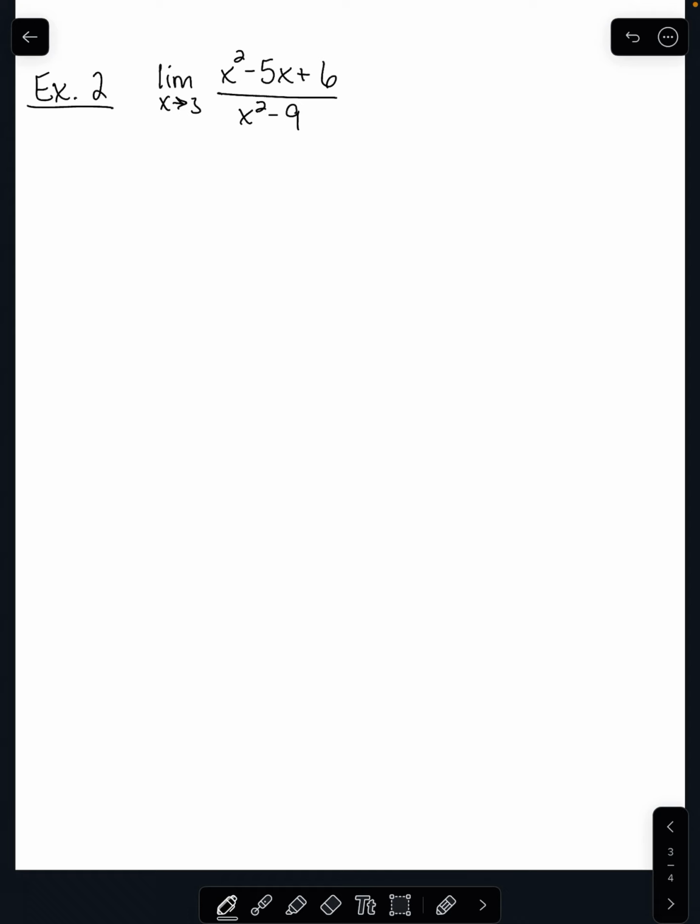We already showed that this results in the indeterminate form 0 over 0, but that is an important step in using L'Hopital's rule.